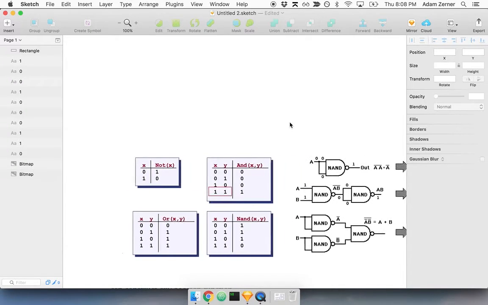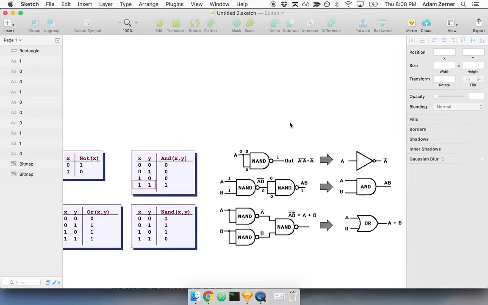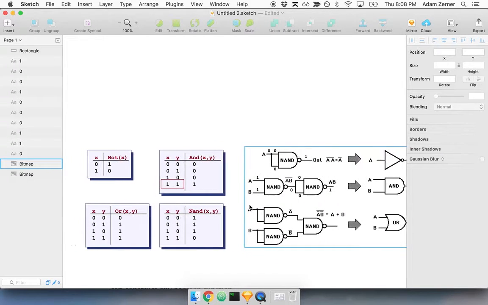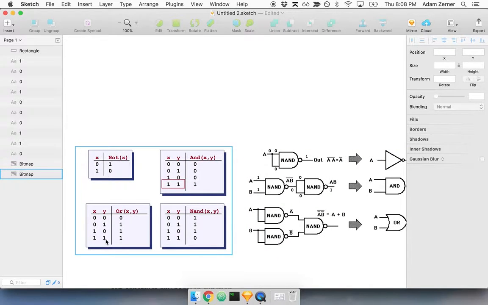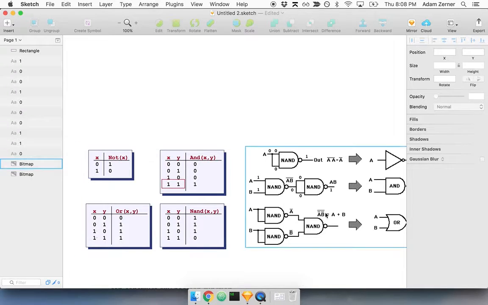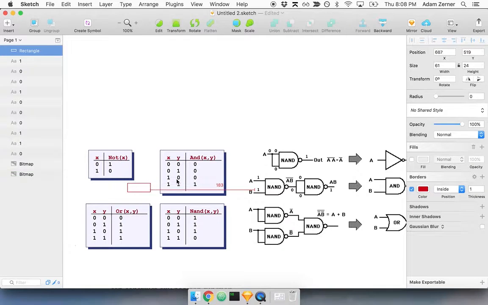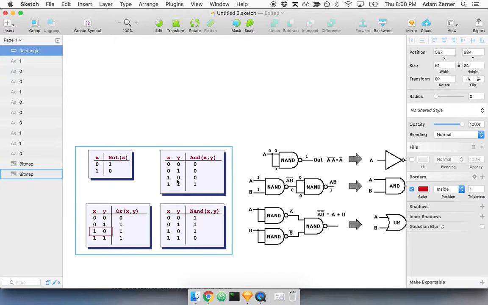Alright, let's do one more example for the OR gate. This one's going to take a little bit longer. So let's do one example. Let's do this one, 1 and 0. We're going to consider the example where the inputs are 1 and 0, like this.